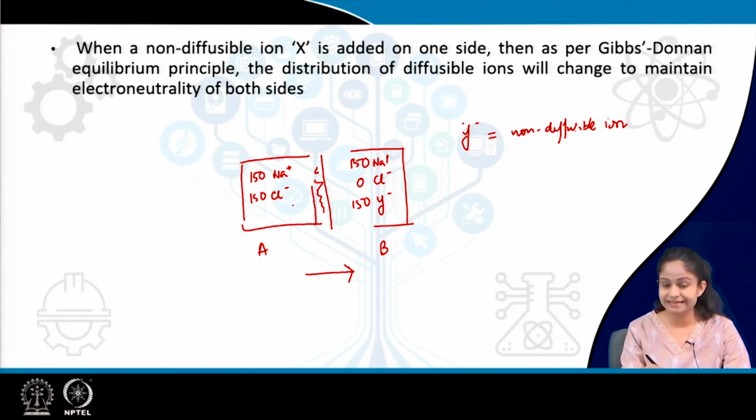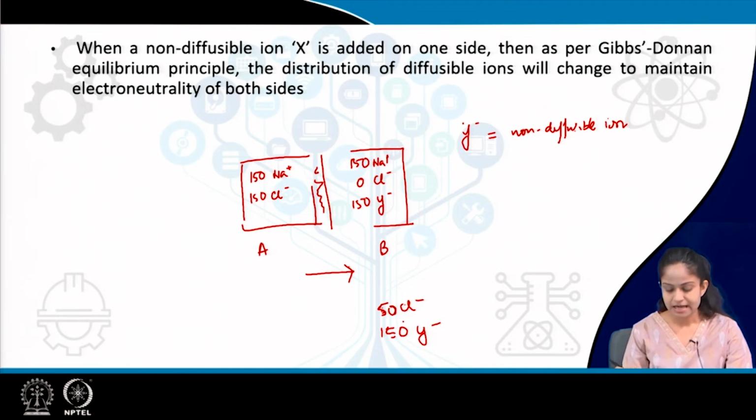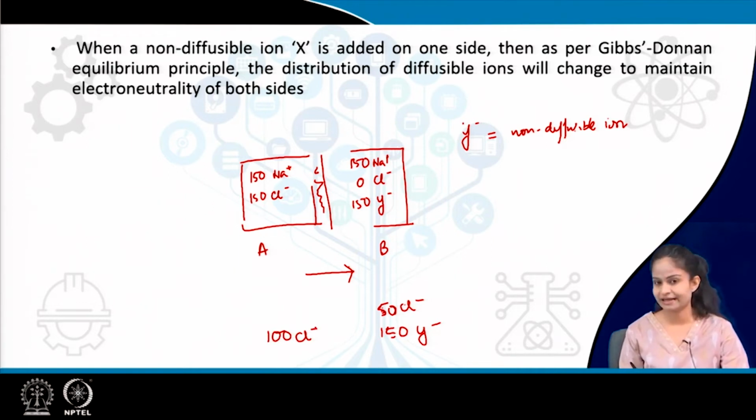So, the chloride ions will move from A to B. Suppose 50 chloride ions have moved to B, and in A we get 100 chloride ions, since 50 chloride ions have already passed to solution B.